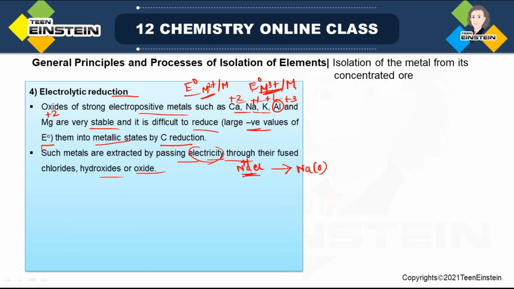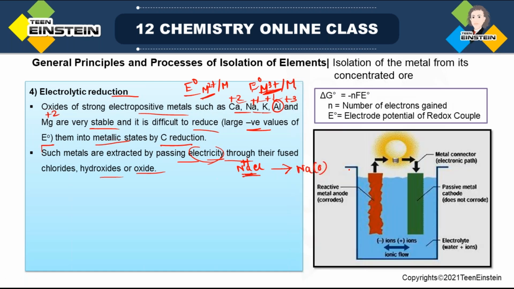So that is why it is difficult. That is why we are using electrical energy. Electrical energy here will be converted to chemical energy, and this non-spontaneous reaction now we can perform.